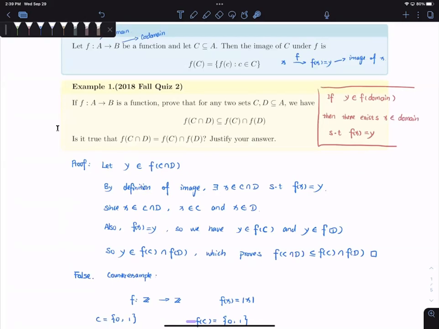This says for all y in f of domain, meaning for all not-single boys, there exists a girl who's dating them. That's what it means. Being in the image means you're not single, right? So for all not-single boys, there is a girl who's dating them.